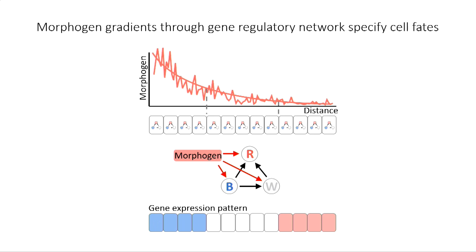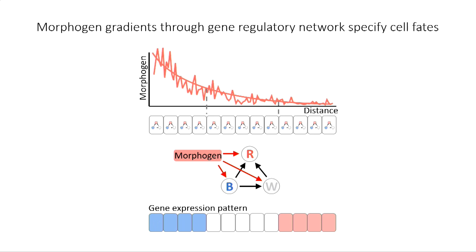In every cell there is a regulatory network interpreting the concentration of the morphogen, and depending on the level of morphogen signaling activity, different genes are expressed. Here, if the level is high, you get the blue gene. If the level is intermediate, the white gene, and for low expression, you get the red gene.